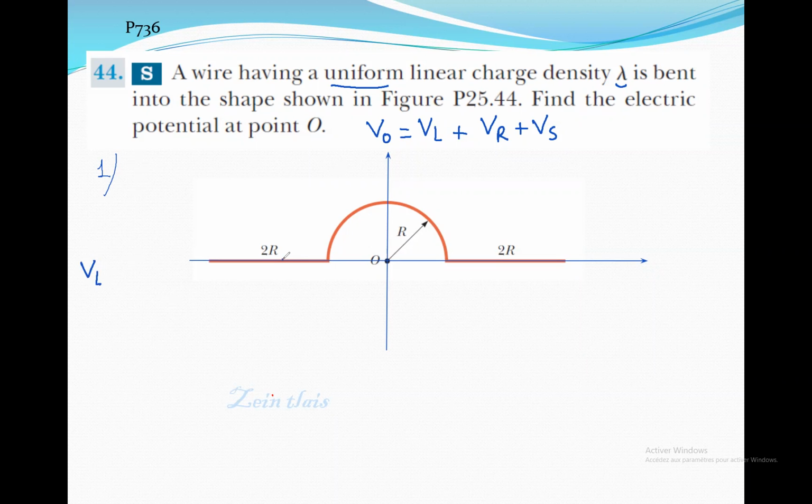For the left part, I want to take dx because this road is along the x-axis. So we have dx, and this part is located at the negative position, at minus x.